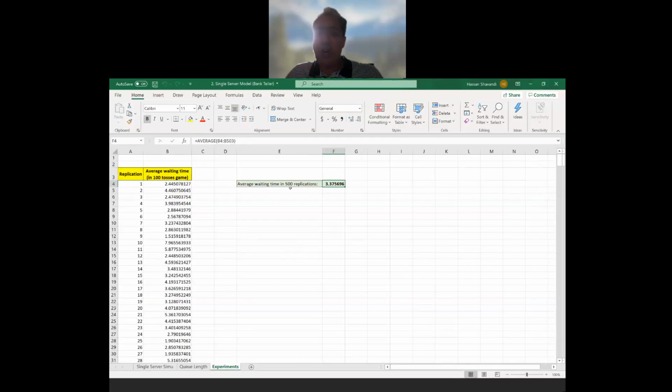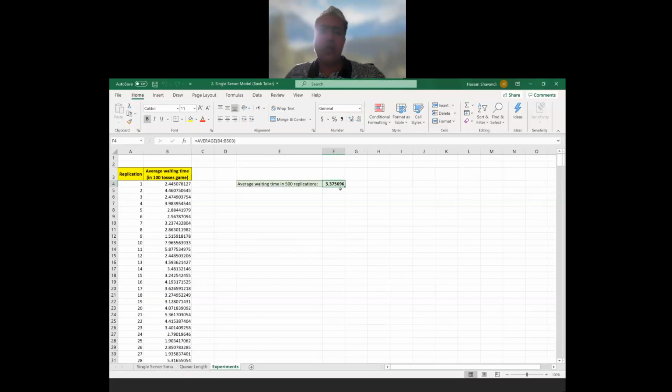So we have 500 replications. The average waiting time in the line in this experiment is 3.37, and that's robust. If you refresh the numbers, the change in this number will be small. By having 500 replications, we are decreasing the impact of uncertainty, so we can rely on this result.